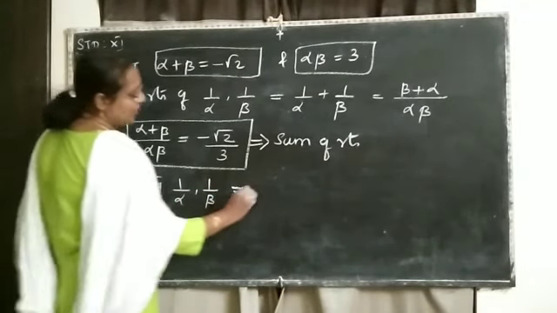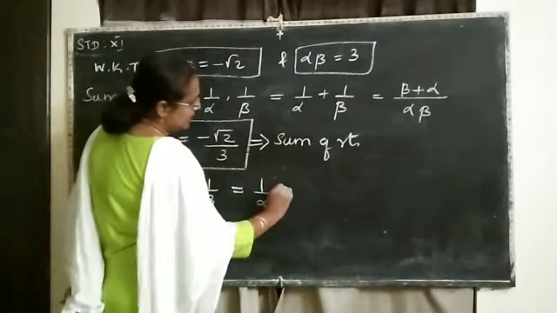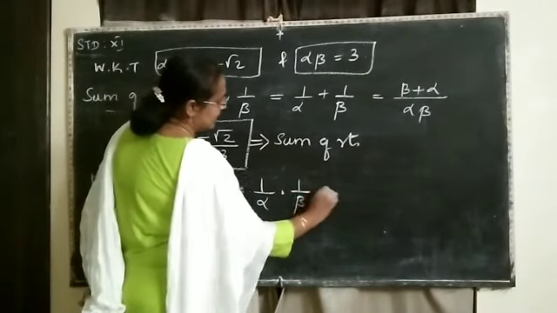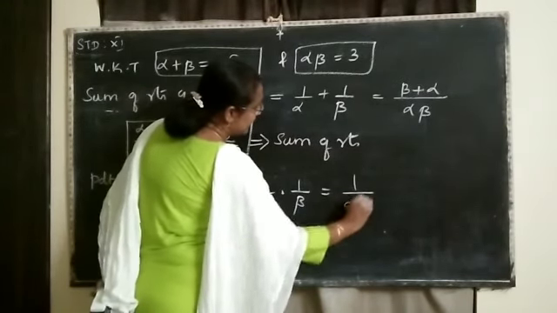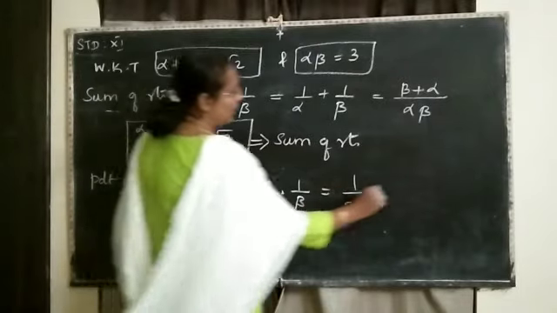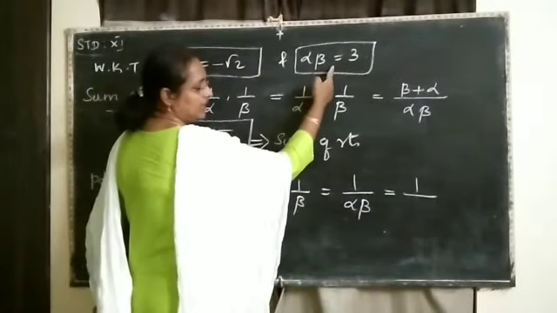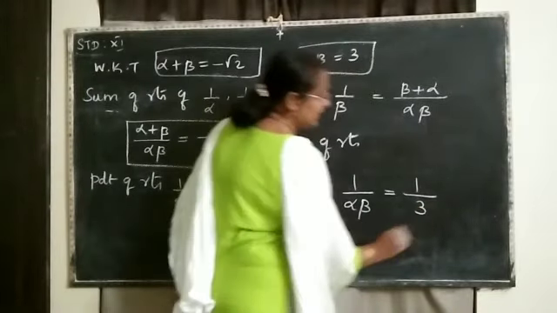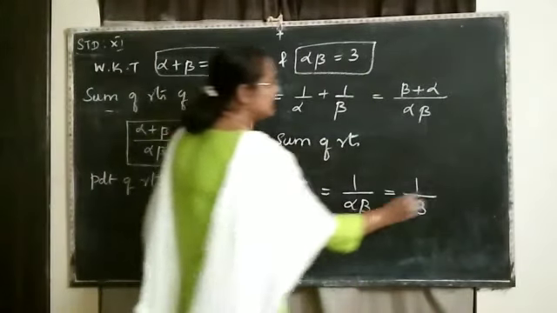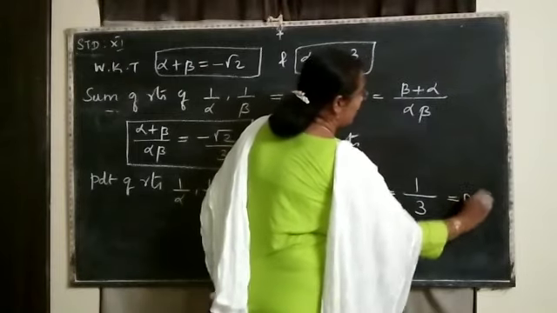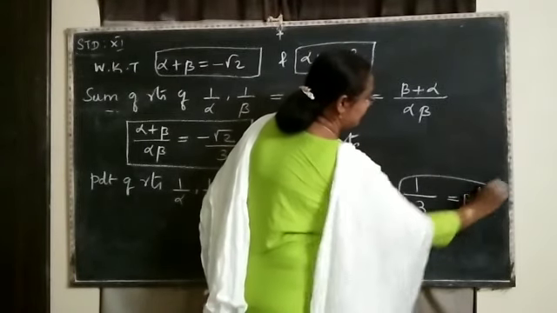So what will be the product of the roots? 1 by alpha into 1 by beta. Shall we write it as 1 divided by alpha into beta? Now again we are going to reuse the value of alpha beta, so it is 1 by 3. So this is the value of the product of roots.